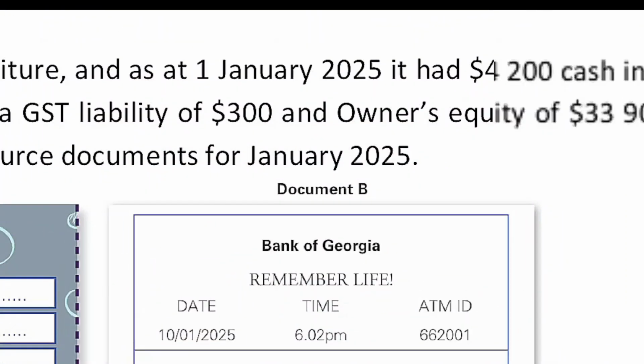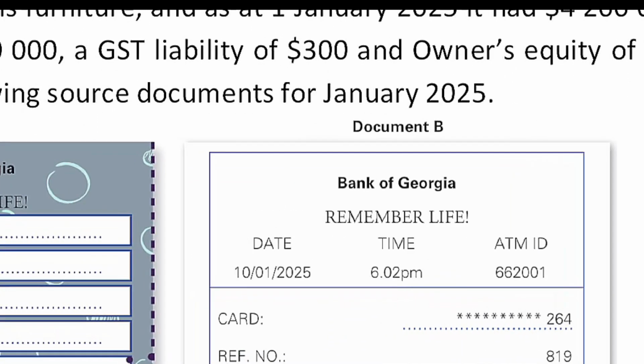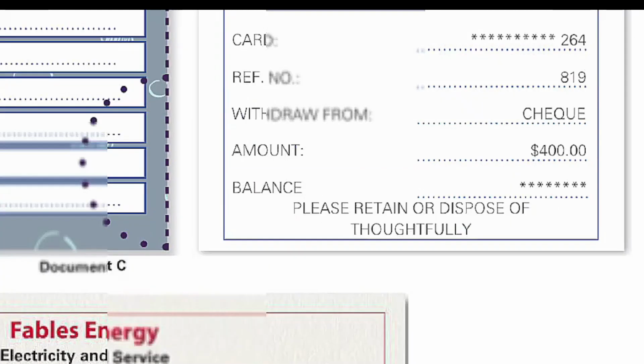So write the double entry, guys. 10th of January.